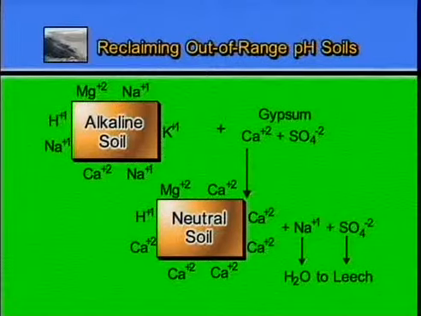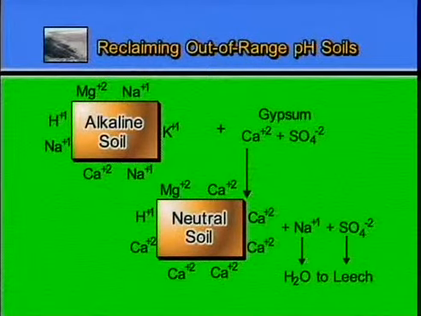Most often, the high content of sodium that exists in the soil and is on the exchange site is due to the presence of either the sodium carbonates or the sodium bicarbonate types of salt, which also contribute to high pH in soils. So this is general chemistry of reclaiming an alkaline soil by applying the amendment gypsum to the soil.